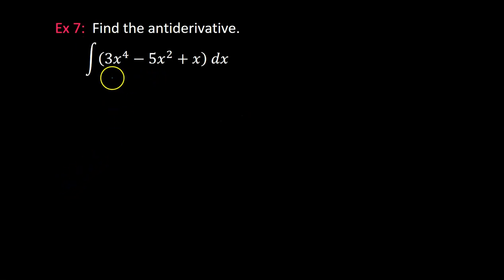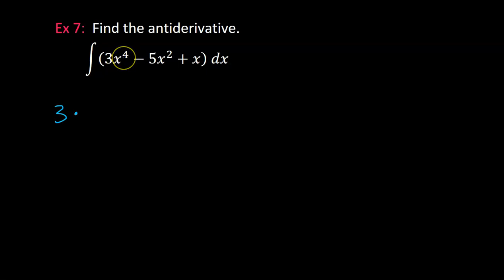So let's take the antiderivative of this polynomial. We just have to integrate each term separately. So as we integrate the first term, we're going to have the 3, which will stay out front. Then we will use the power rule of integration for x to the 4th power.